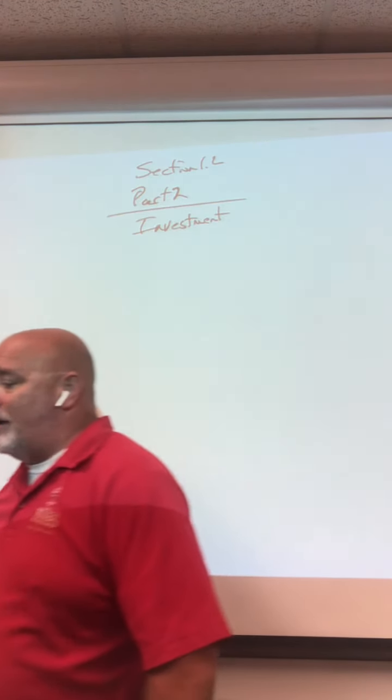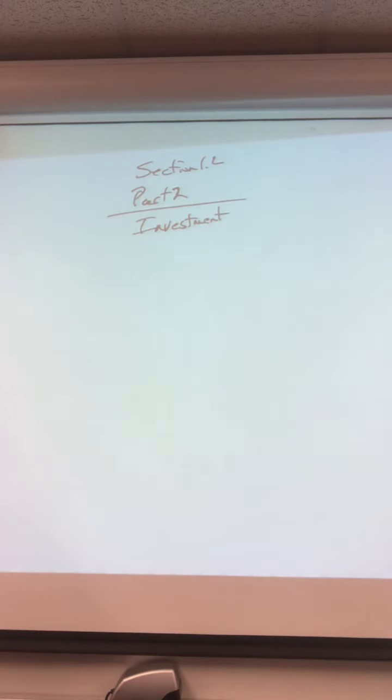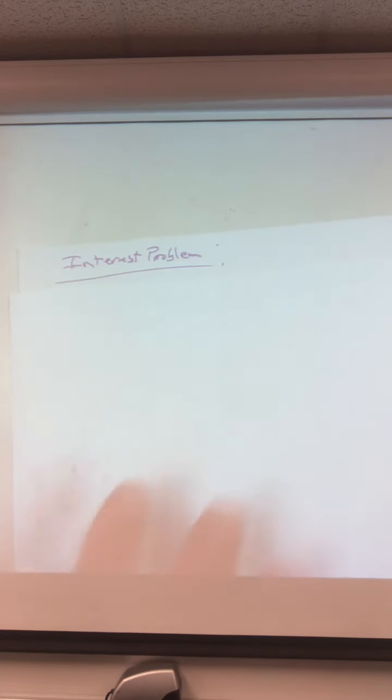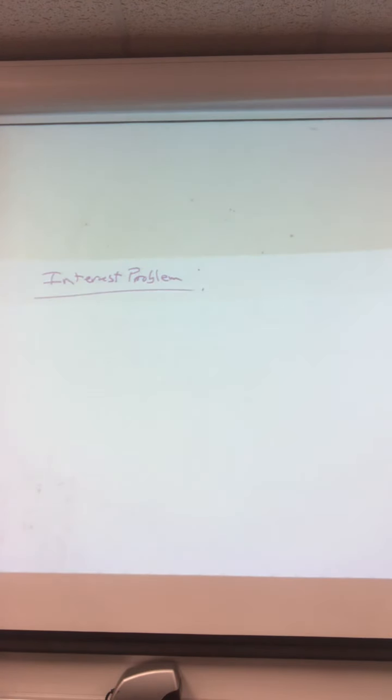All right, so before I do anything, let me first of all put up this that you may or may not have forgotten. And it's just simply this, from geometry. In geometry, there is what we call a simple interest formula.